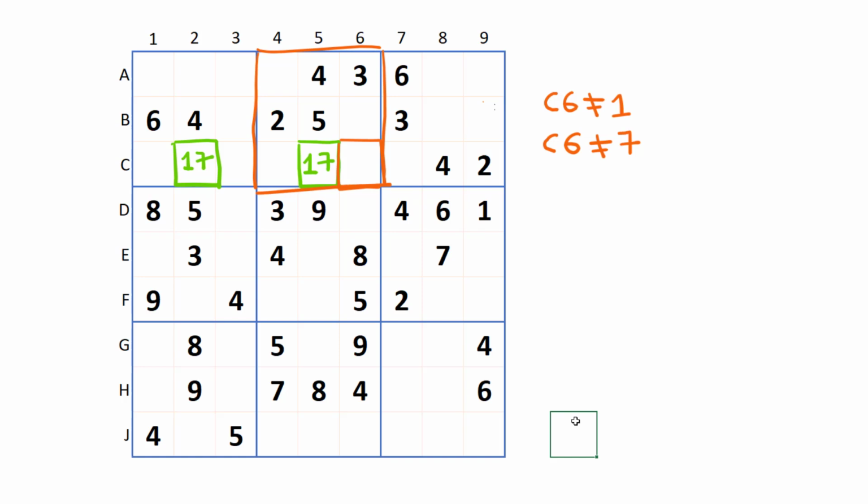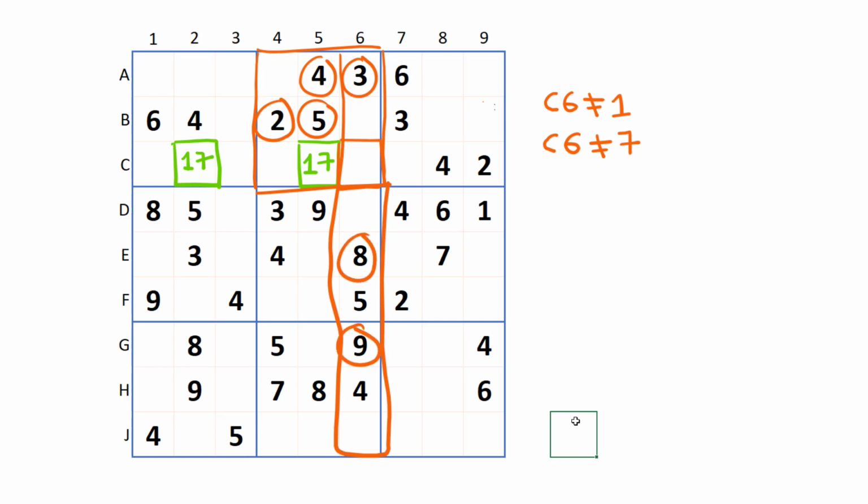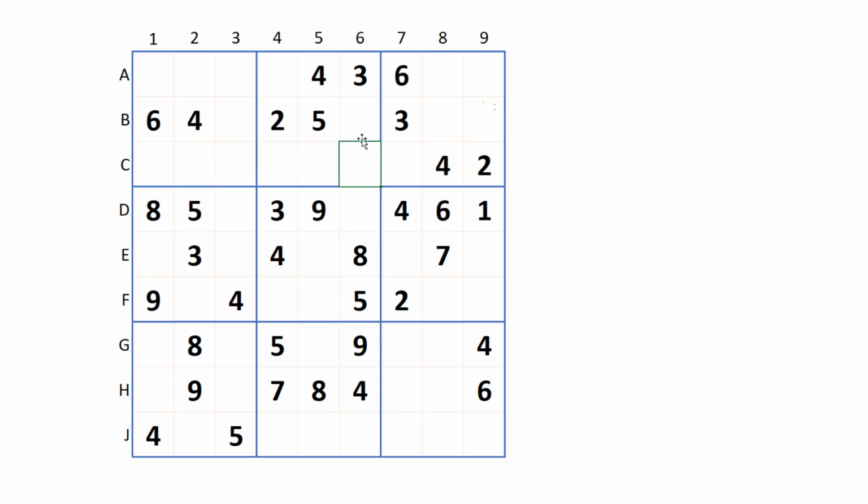In the same box as cell C6, the numbers 2, 3, 4, and 5 already exist. In the same column as cell C6, the numbers 8 and 9 already exist. The numbers 1 and 7 can only exist in cells C2 and C5, therefore they cannot exist in cell C6. Conclusion: cell C6 is the number 6. The number 6 has been identified in cell C6.